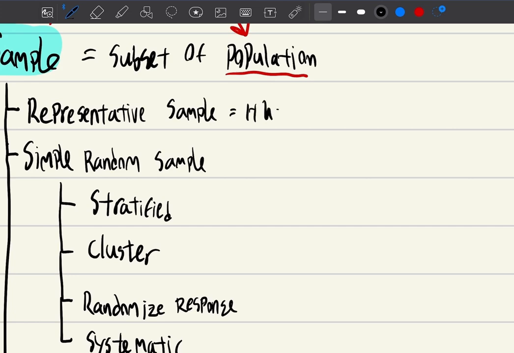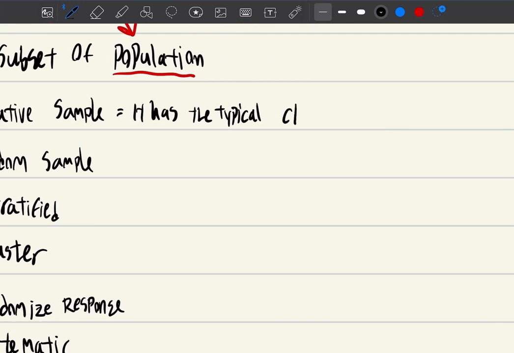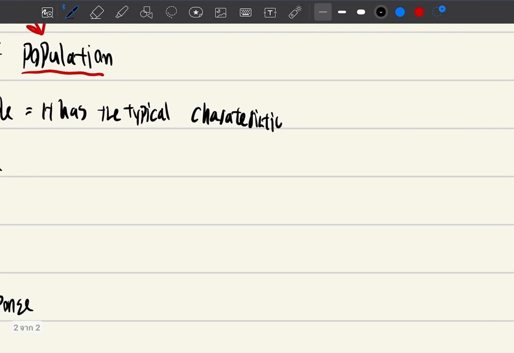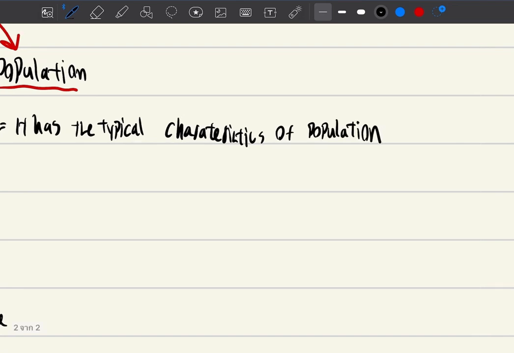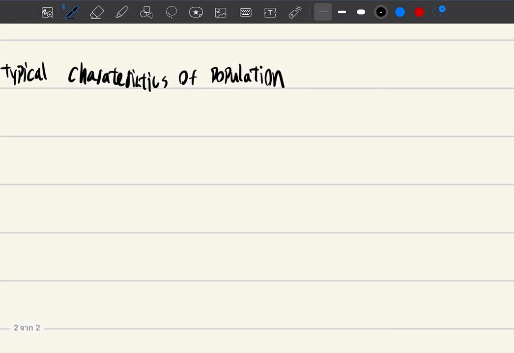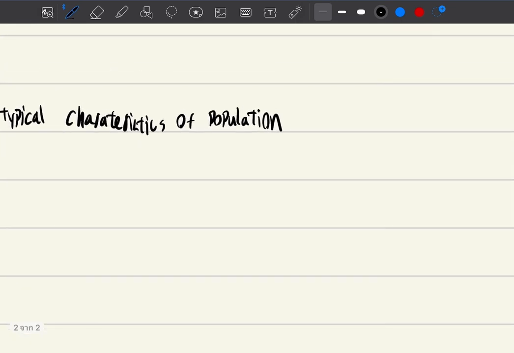Its information is going to be very close to the population.